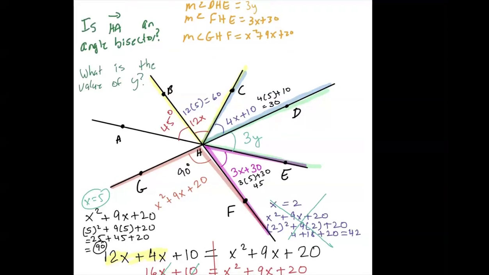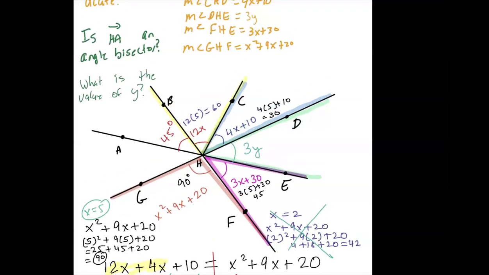Okay. If this is 45, is there a way I can find the measurement of this angle? You can find it since we already have the value of GHF and FHE. We would add both of those plus 3y, which would be equal to 180 degrees.